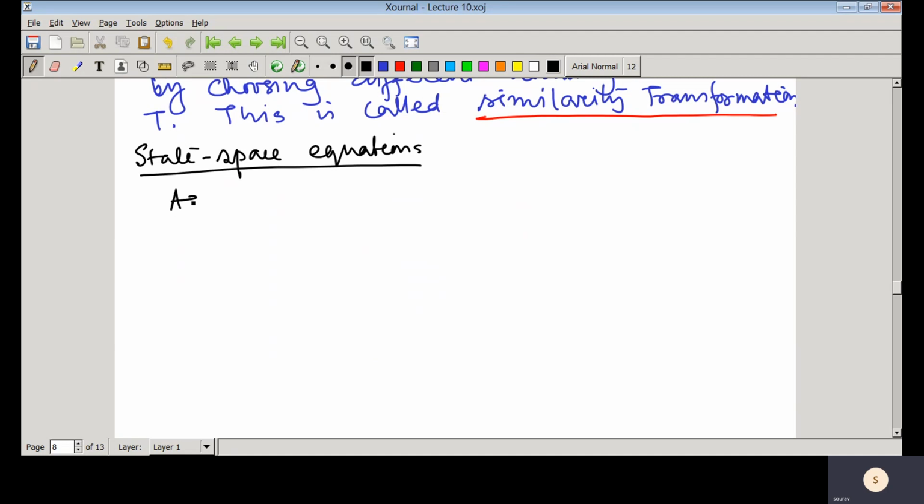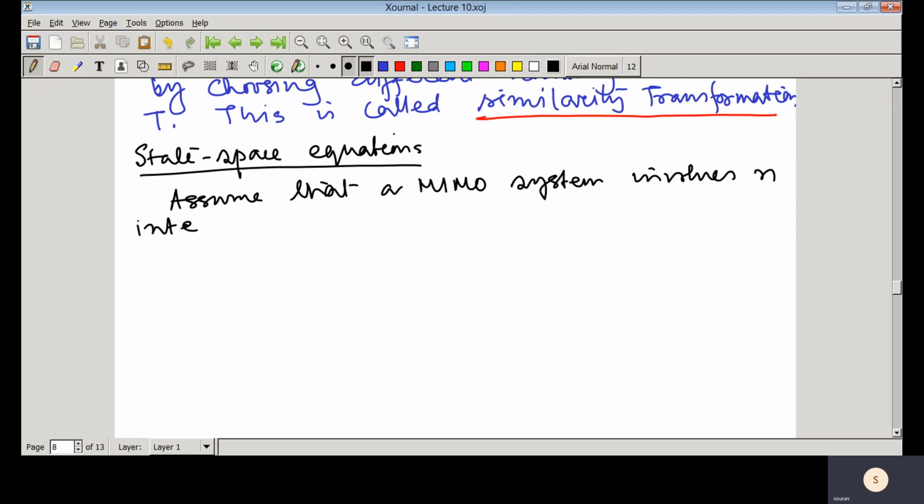So assume that a multi-input multi-output system involves n integrators. So n integrators means it has n number of states.